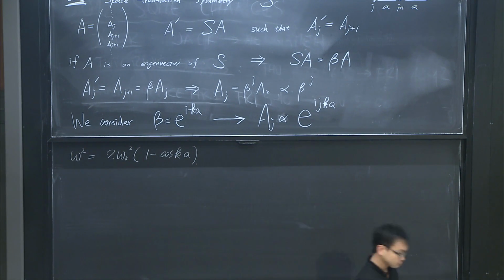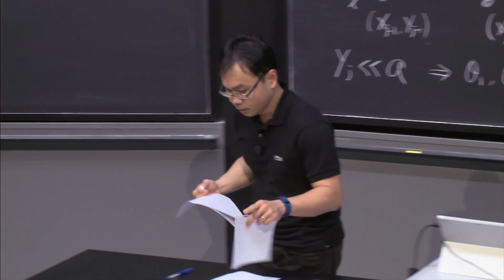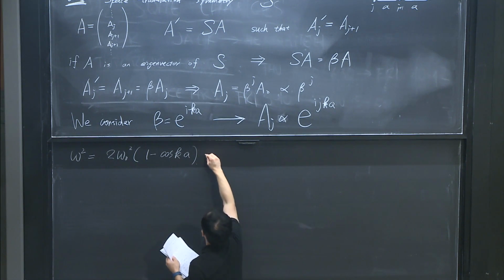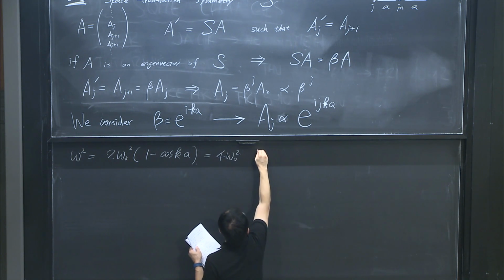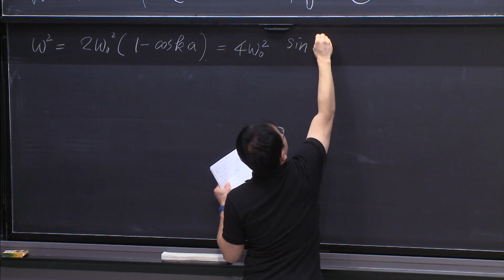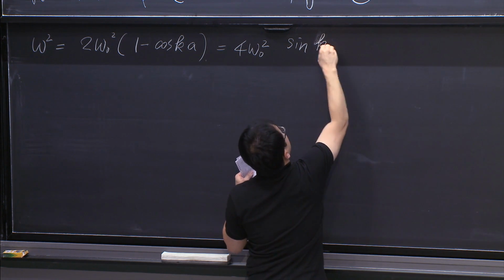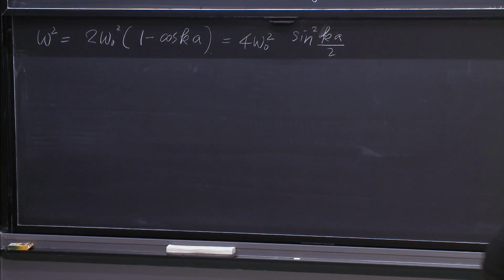Any questions? Of course, if you like, you can also rewrite this as 4 omega 0 squared sine squared of ka divided by 2.